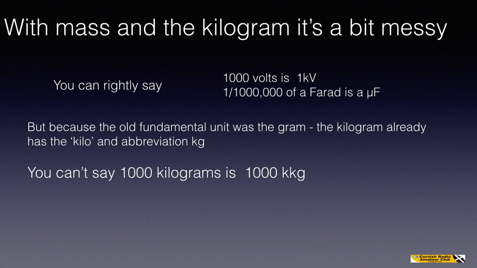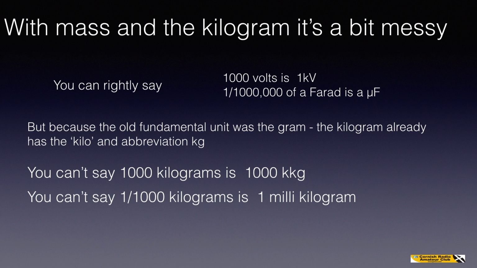So you can't say 1,000 kilograms is 1,000 kilograms, or kkg. I mean, you can say it, but it's a bit cumbersome. And you can't say 1,000th of a kilogram is 1 millikilogram. It doesn't make any sense. 1,000th of a kilogram is a gram.